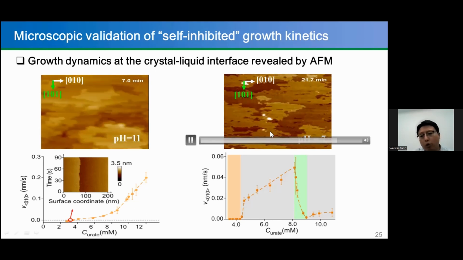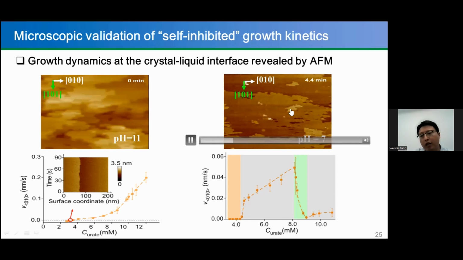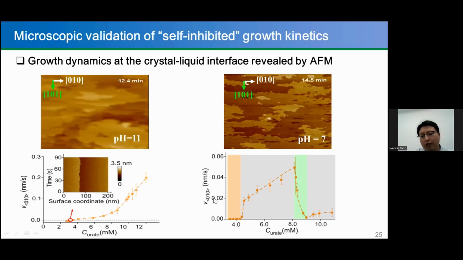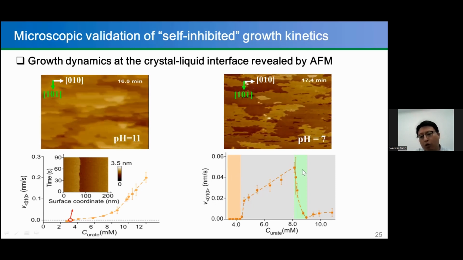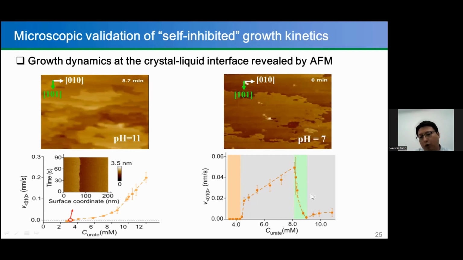In contrast, under neutral conditions, although the surface growth still proceeds by nucleation and spreading mechanism, the steps display much rougher and corrugated features. Besides, the stability measurements also confirm the presence of a self-inhibited growth cessation region at high supersaturation concentrations.